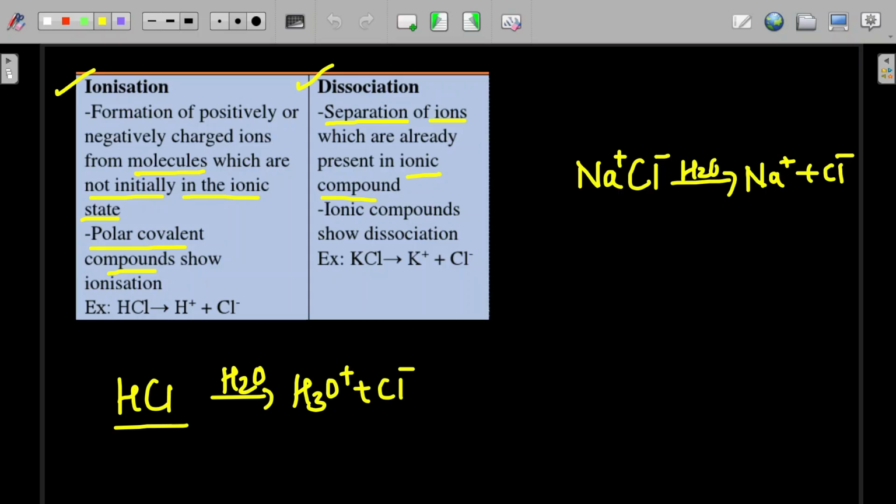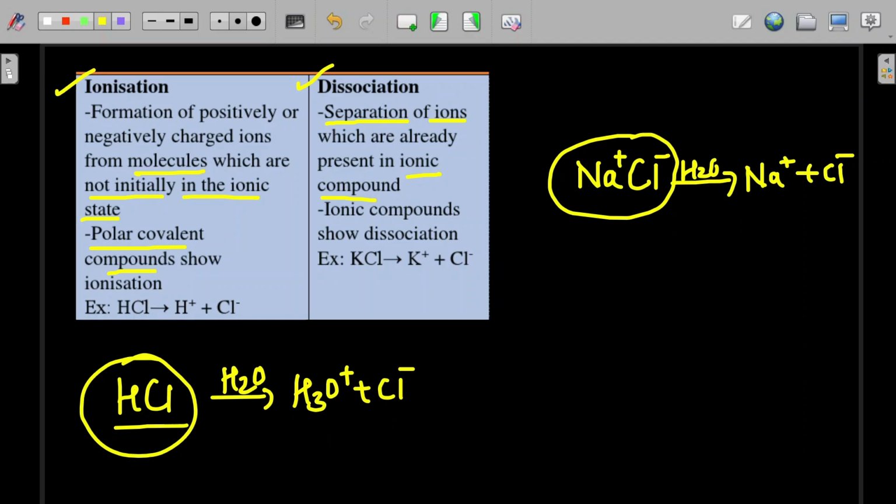In HCl, you don't have any ions initially. Just like in Na plus Cl minus, you already have ions. In ionic compounds, these are already ions, but they are not separate. But in HCl, there are no ions. They are simply atoms. That's the difference.